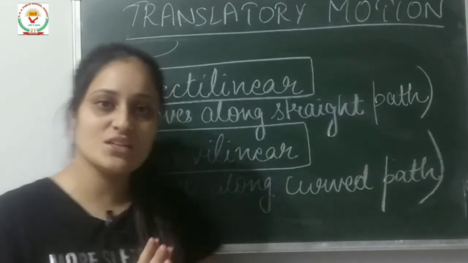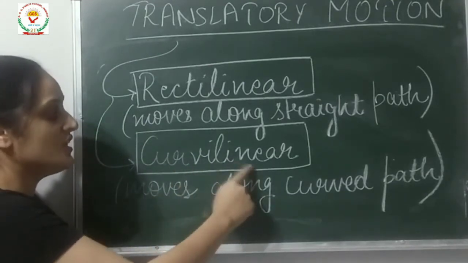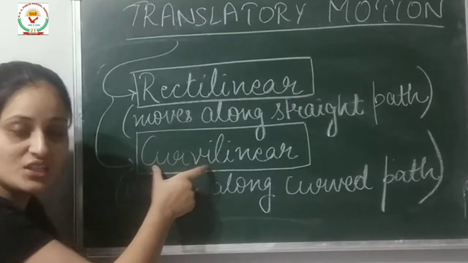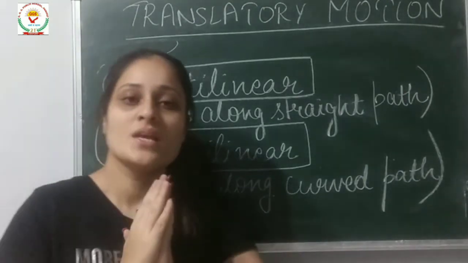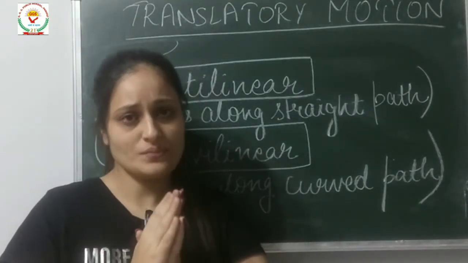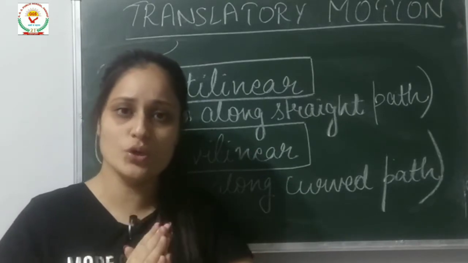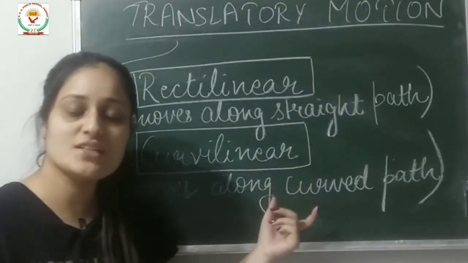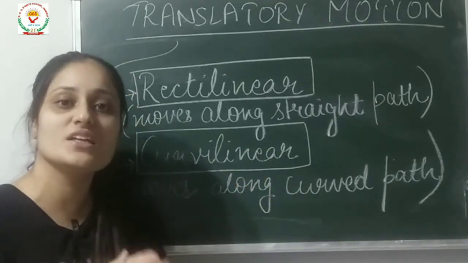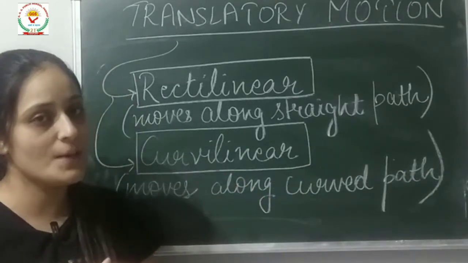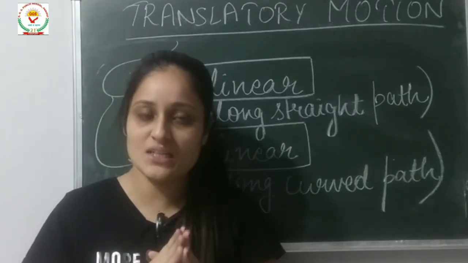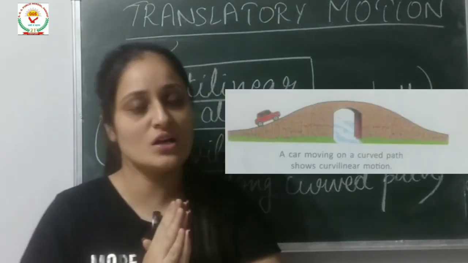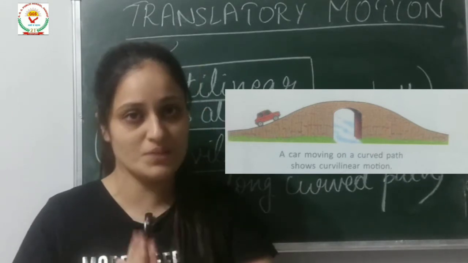Second type of translatory motion is curvilinear motion. As the name suggests, curvilinear. So if an object moves as a whole along a curved path, that object is said to be in curvilinear motion. For example, as you can see in the image, a car is moving along a curved path to cross the bridge.